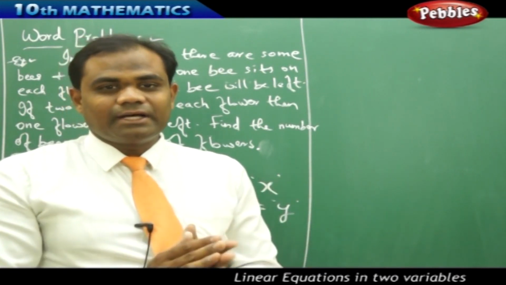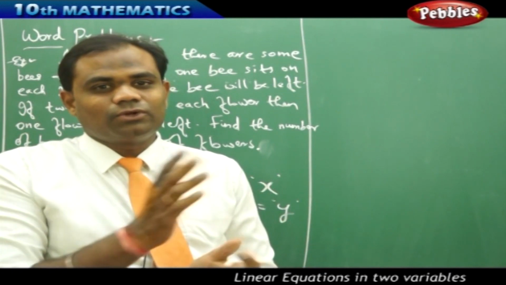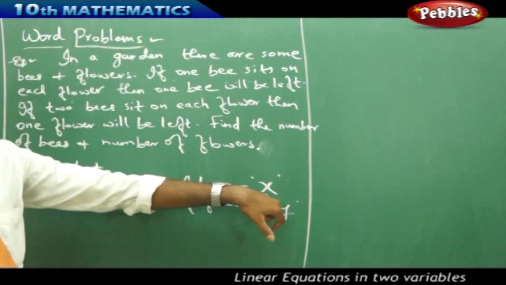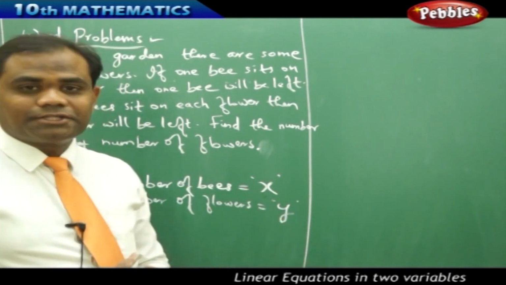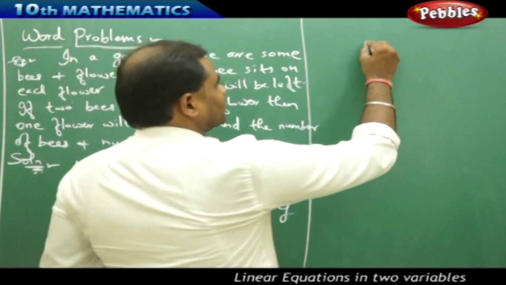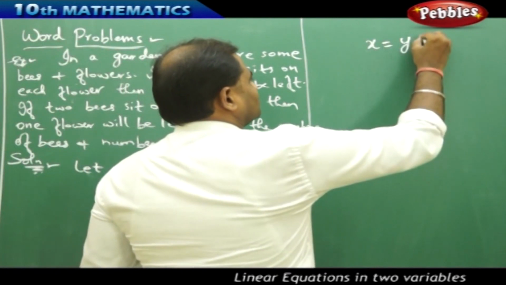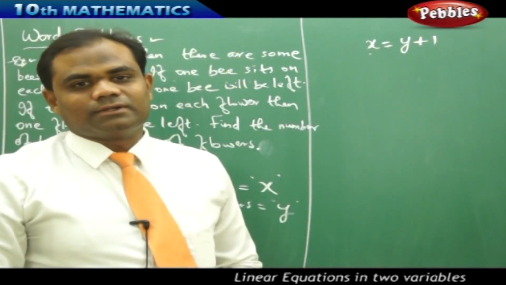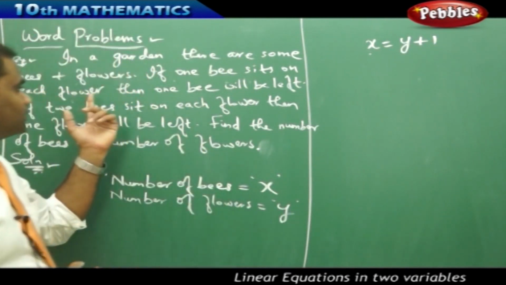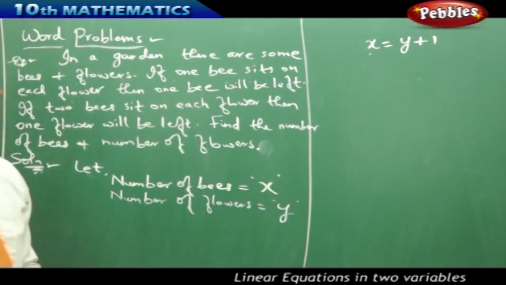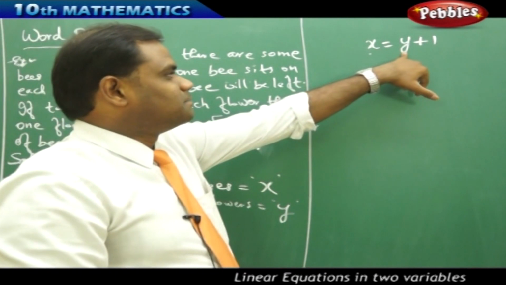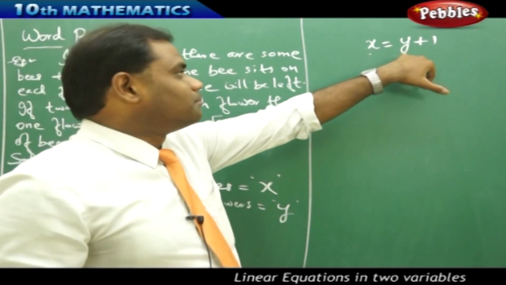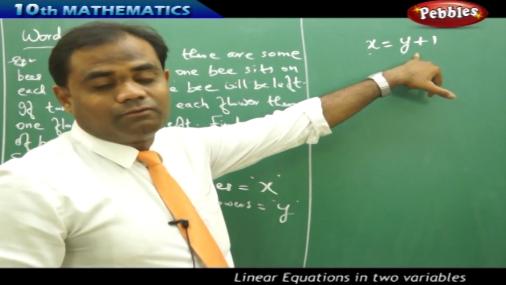So every time I see that the number of bees is one more than the number of flowers, which says that if there are x bees, then I have the relation that x equals y plus 1. Because the number of bees is always one more than the number of flowers, as can be seen with this condition. So this is strictly because of x bees, I have one additional bee compared to the number of flowers, which is y.